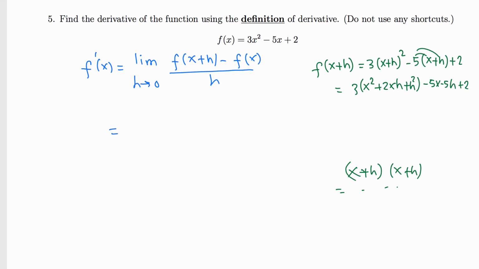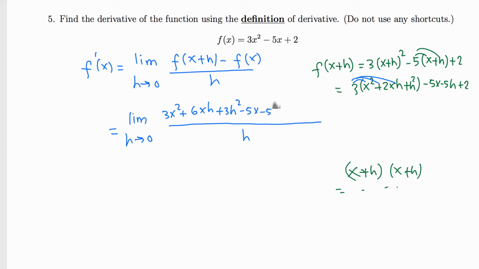So when we come back here now, we have the limit as h goes to 0, and the bottom has nothing, just h. On the top, f of x plus h, which we figured out here, by the way, we need to still distribute 3. So that is 3x squared plus 3 times 2, 6xh plus 3h squared minus 5x minus 5h plus 2. Okay, this is giant.